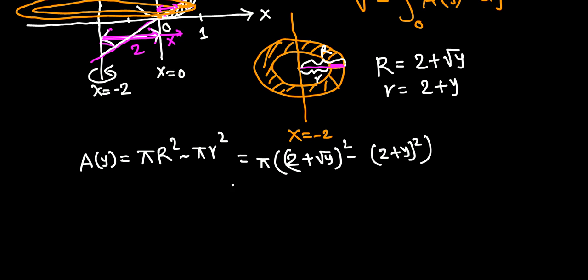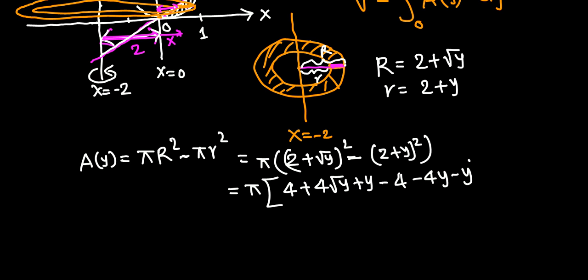Let's simplify. Pi times 2 plus root y squared: multiply 2 plus root y by itself, and you will get 4 plus 4 root y plus y, minus 2 plus y multiplied by itself, because 2 plus y is squared. That will be 4 plus 4y plus y squared, but there is a negative sign, so 4 minus 4y minus y squared.